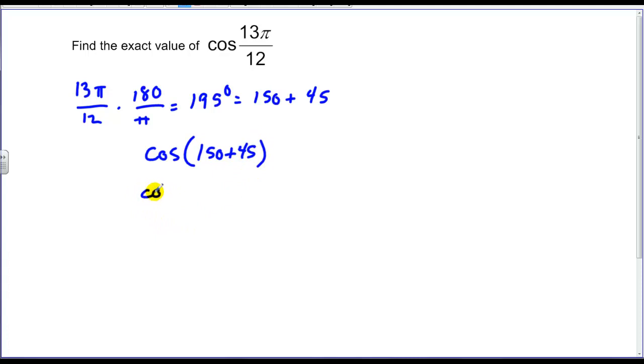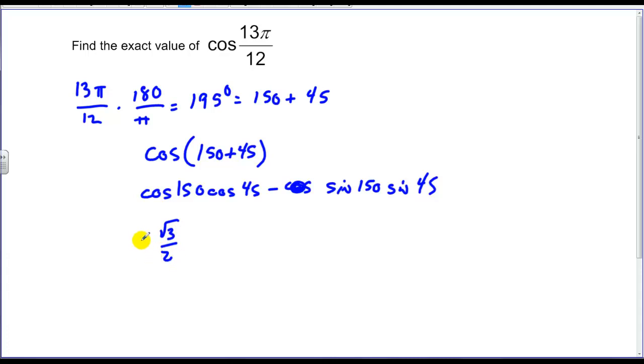So that's the cosine of 150, cosine 45. Opposite correspondence, minus the sine of 150 times the sine of 45. Cosine of 150 degrees is negative root 3 over 2.